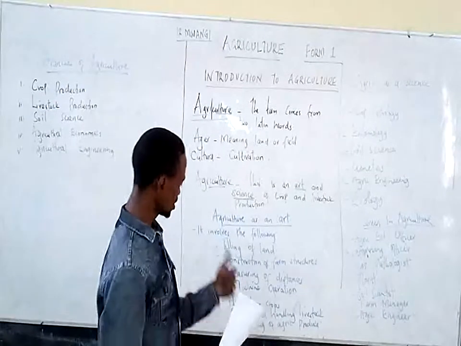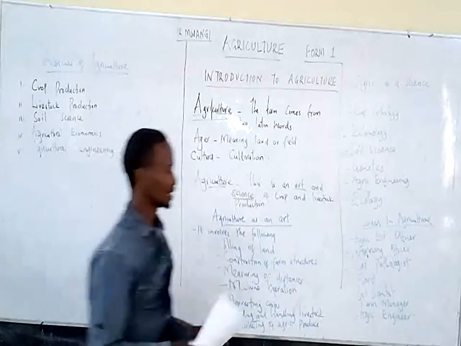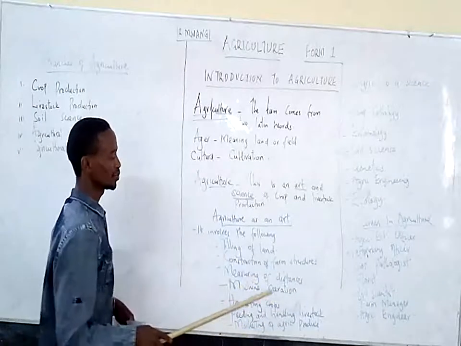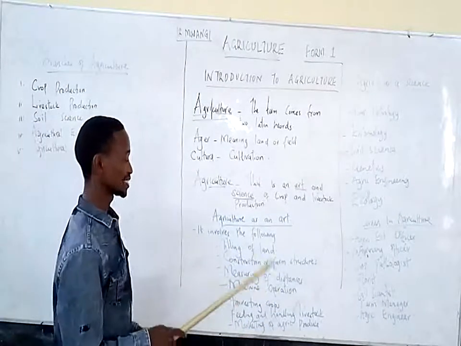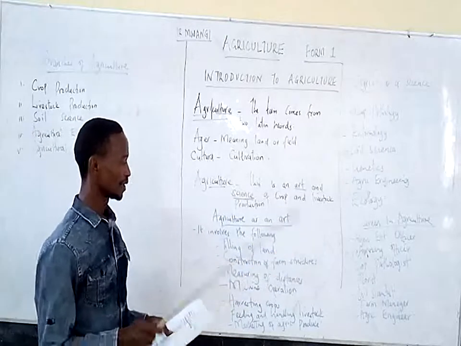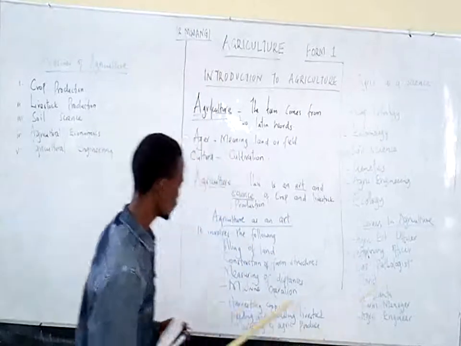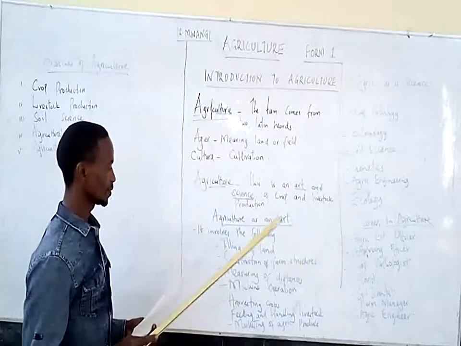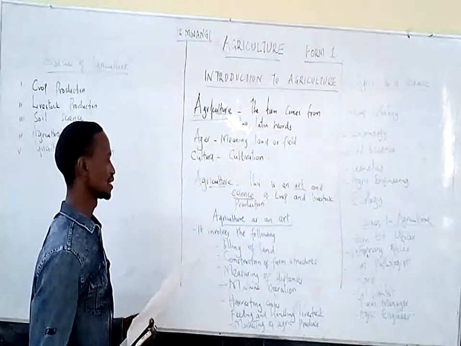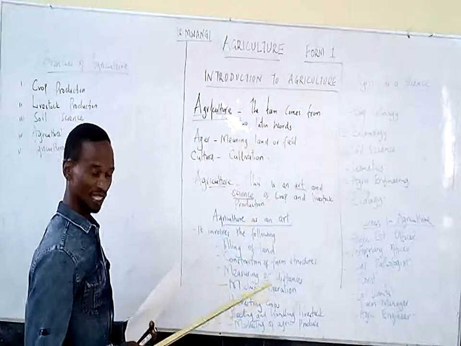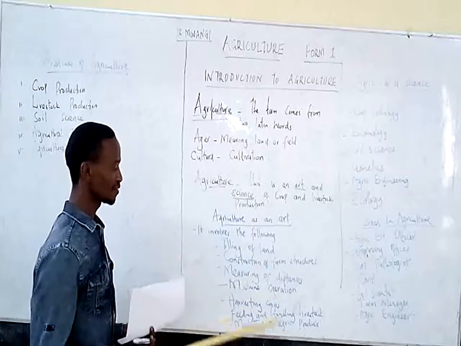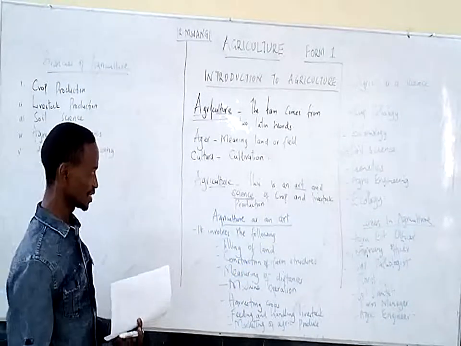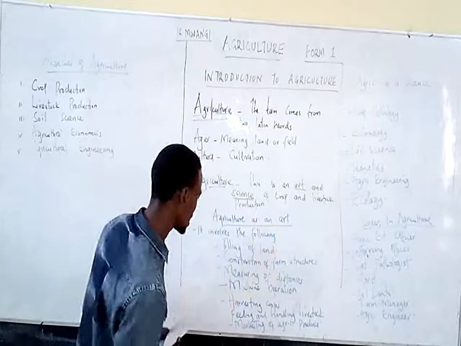To do this within the required time and in the best way possible, you have to use a machine such as the chopping machine. After harvesting, in post-harvest practices, we have the shelling machine. You cannot just operate these machines without the required skills, so in the operation of farm machines, you apply agriculture as an art.